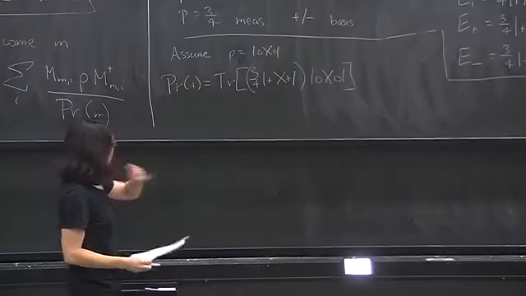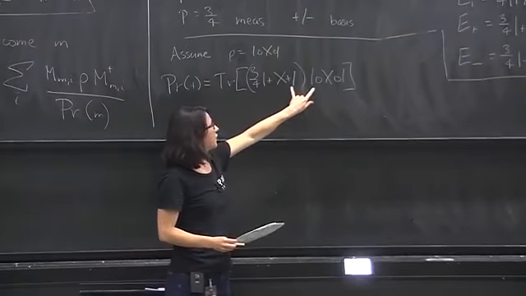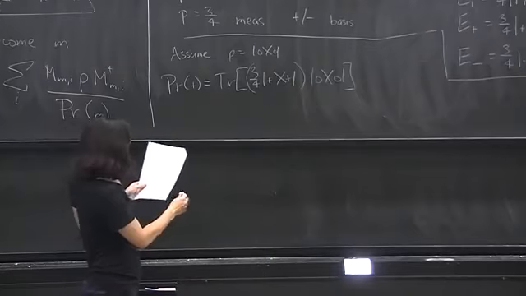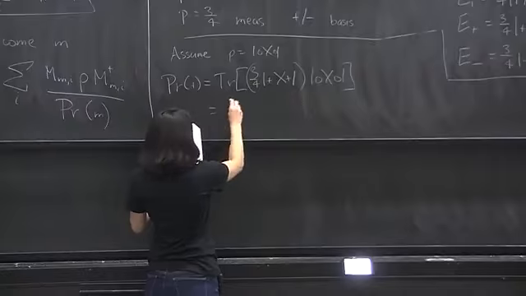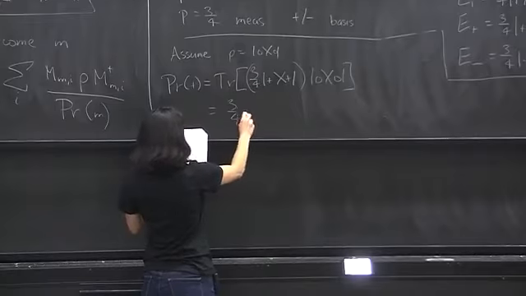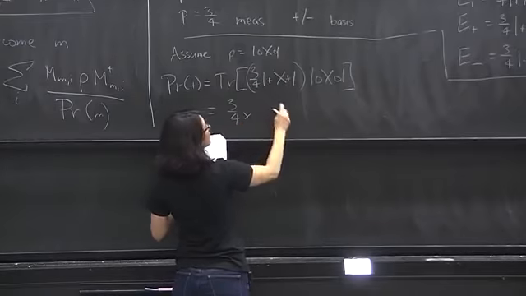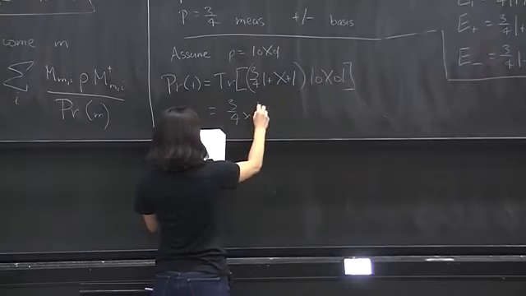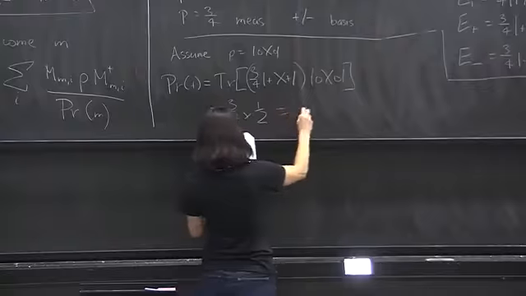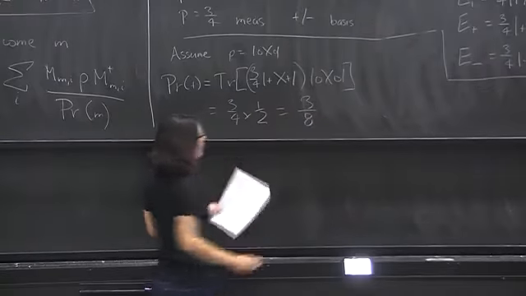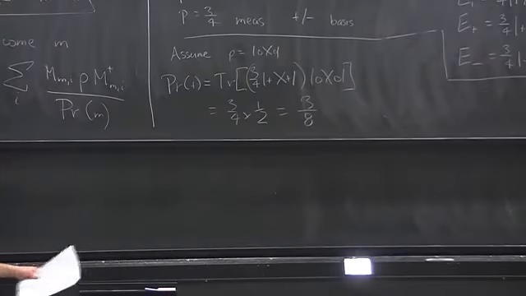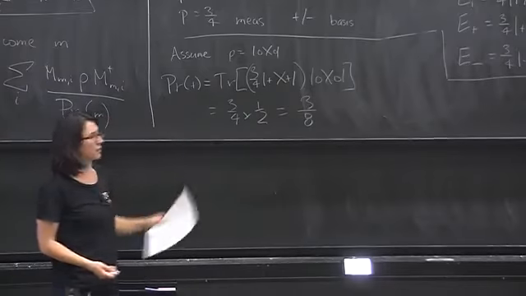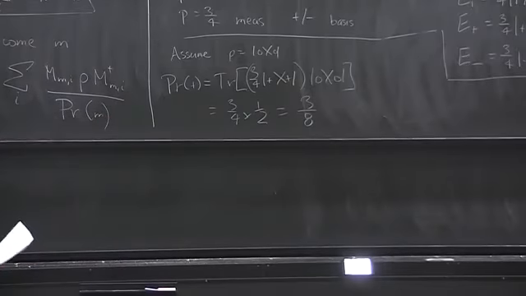And then the overlap between these things is going to be a half, 1 on root 2. So you'll get 3/4 times a half from this, 1 on root 2 from this overlap, and 1 on root 2 from that overlap, so times a half. And you get 3/8. So given the measurement that I described, and that initial state, you'll get the outcome corresponding to plus 3/8 of the time.